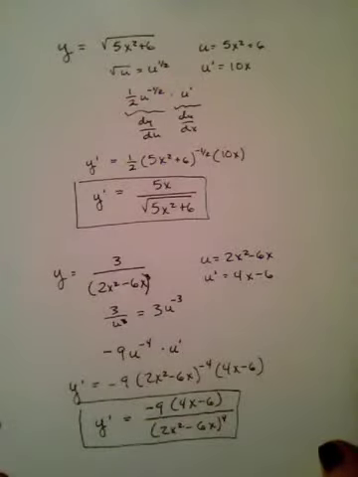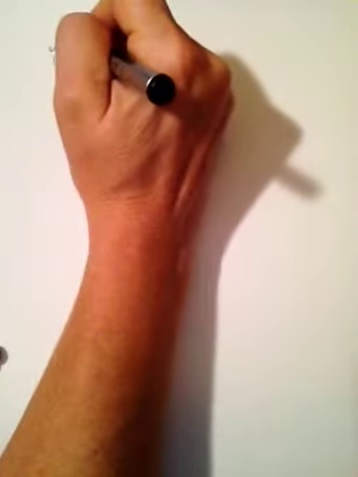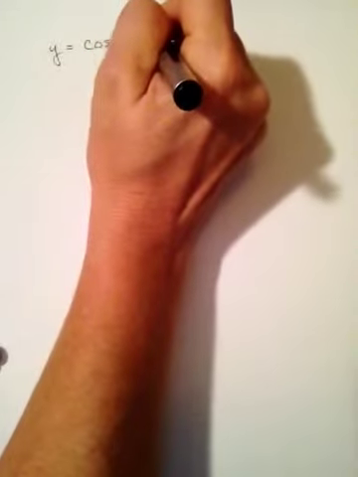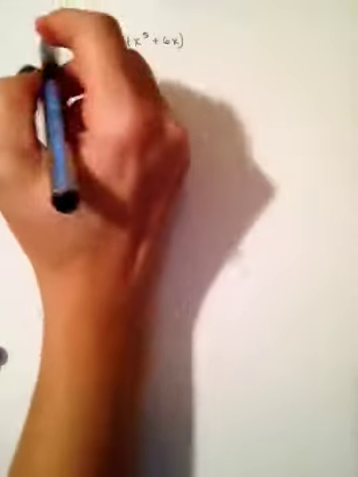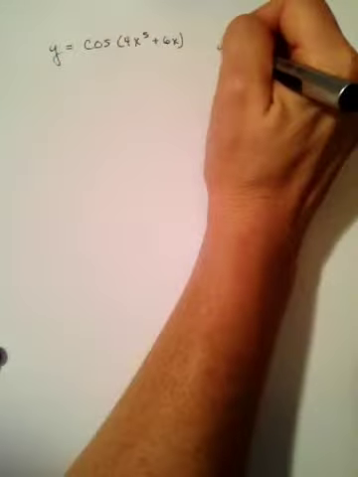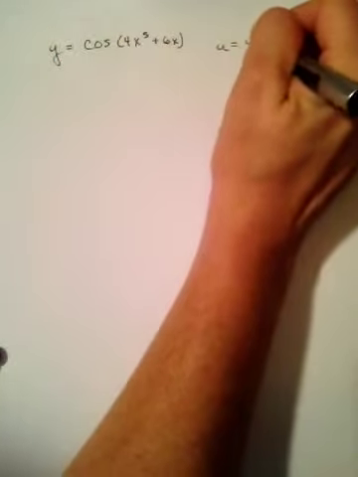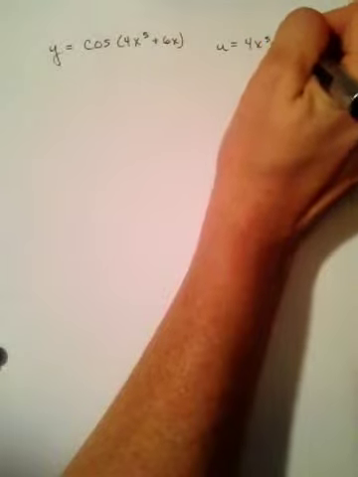Okay, I'm going to do one more problem because I want to do a little bit of trig. So let's say we have y equals cosine of (4x to the 5th plus 6x). So my u would equal 4x to the 5th plus 6x.